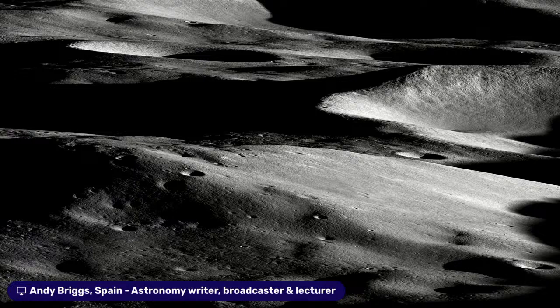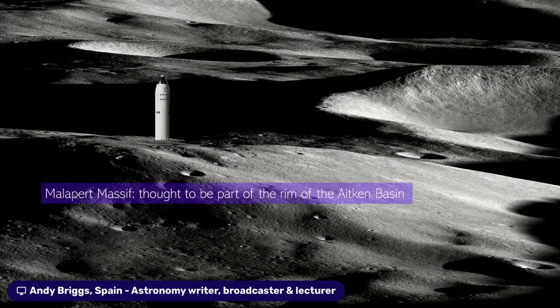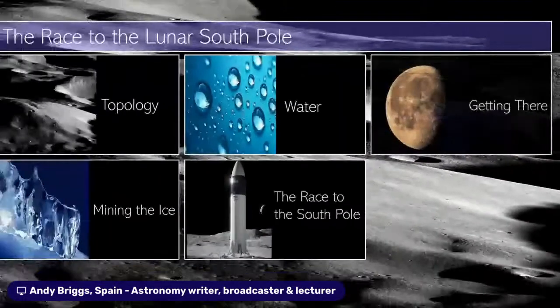So hopefully astronauts will descend on SpaceX's Lunar Starship towards the moon's south pole and land on this sort of mountainous region here, which is called Malapert Massif. It's thought to be actually part of the rim of the Aitken Basin, that massive impact crater basin that is mainly on the far side of the moon. But the Mount Malapert Massif is thought to be part of it. And hopefully in 2025, this is where NASA will land.